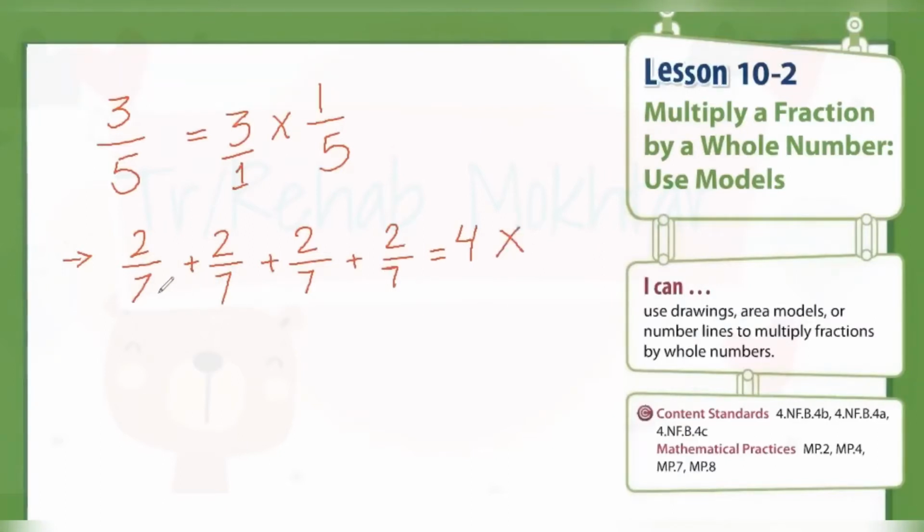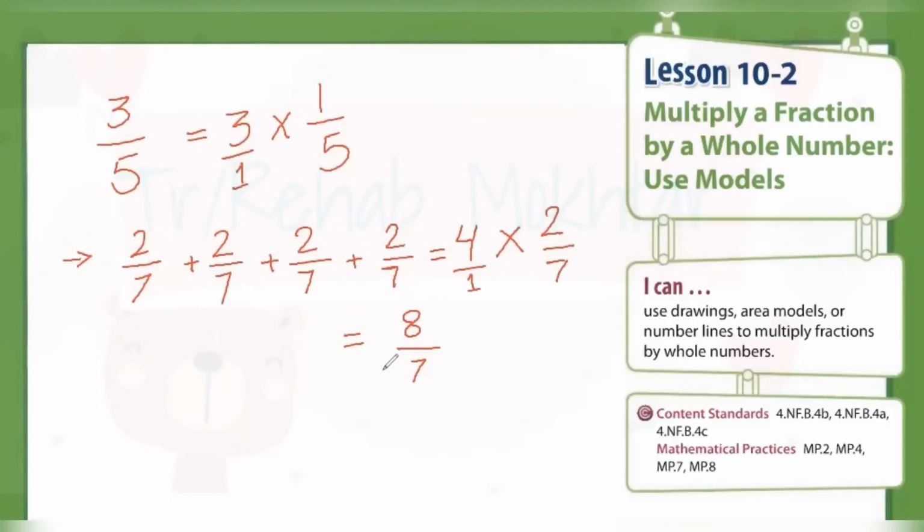Times what, teacher? The fraction that I repeat, 2 out of 7. Now, teacher, when we multiply, I will multiply numerator by numerator and the denominator, which is 1, times the denominator. 4 times 2 equals 8 and 1 times 7 equals 7. So the product will be 8 out of 7.